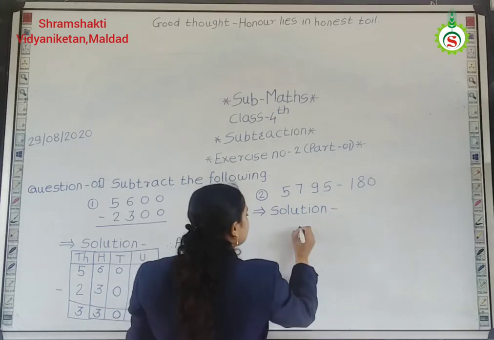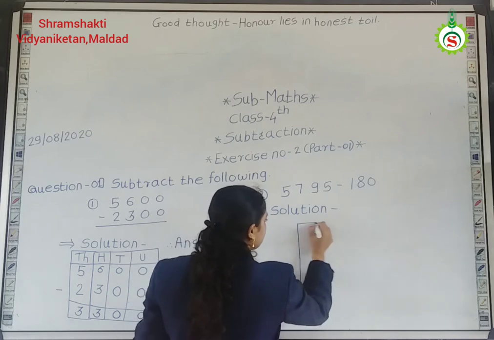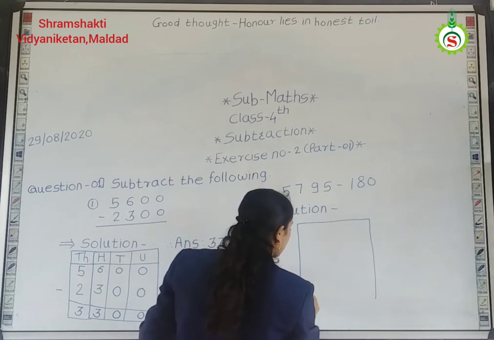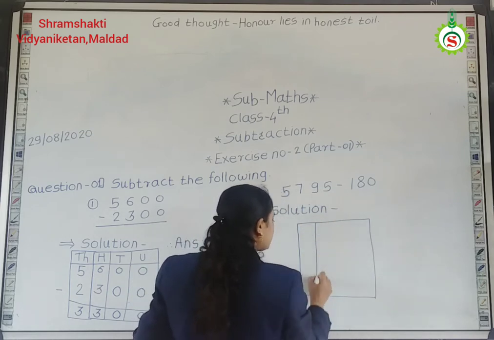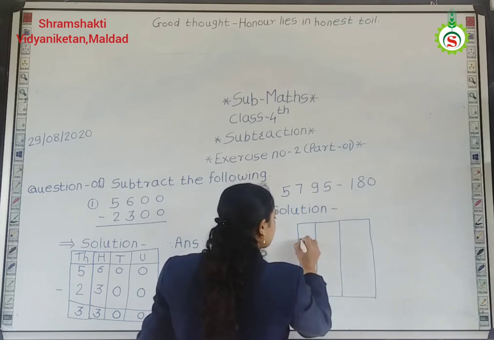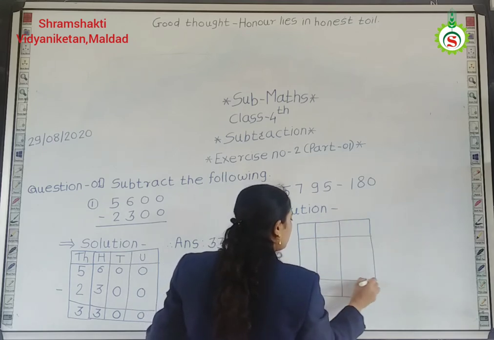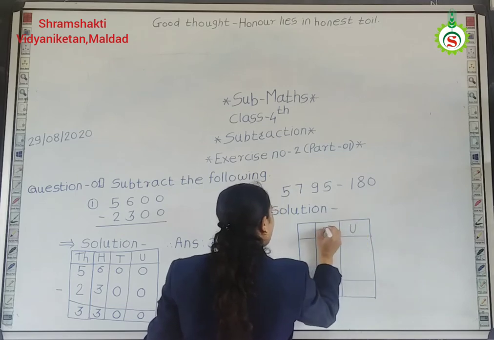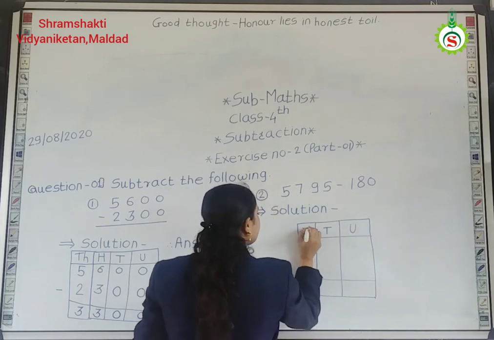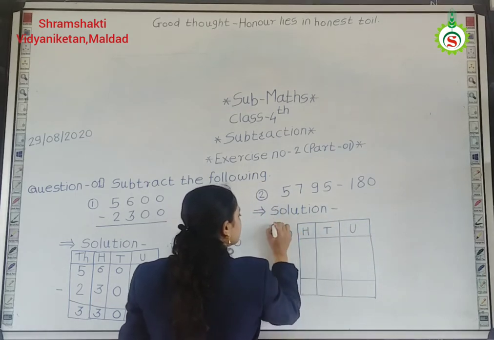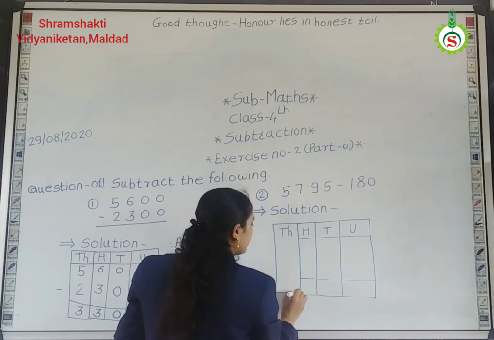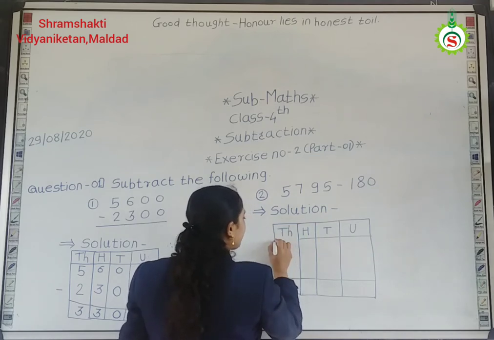First make columns. After making columns, give places: units, tens, and hundreds and thousands. Then write down the numbers place wise.